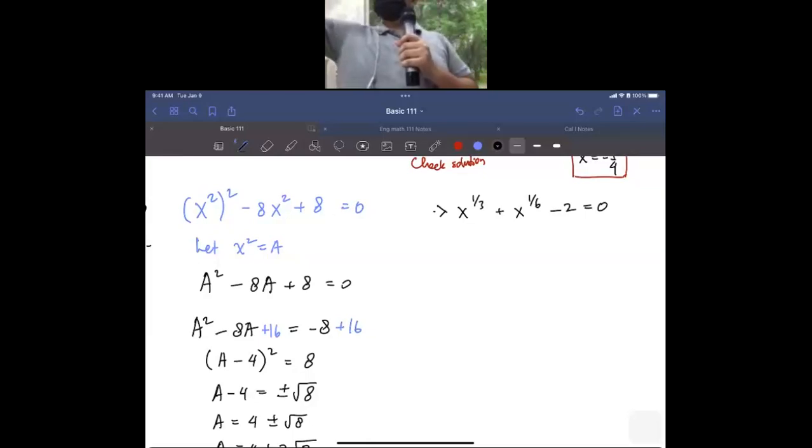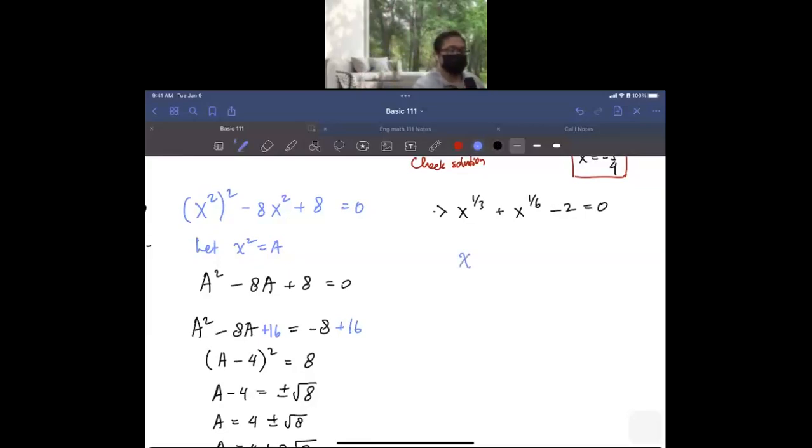We multiply with 1/2, it's 1/6, right? So if we have 1/6, if we square it, we just multiply 1/6 with 2, and it becomes 1/3.